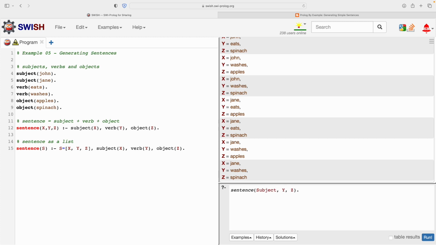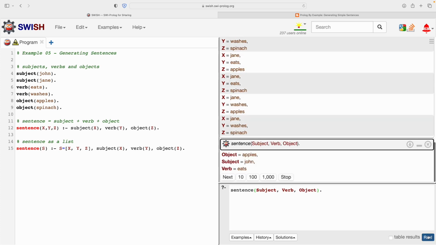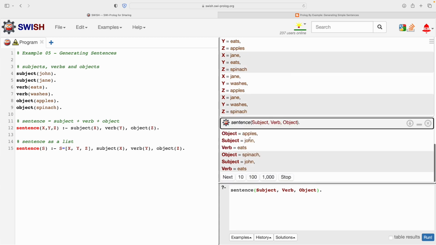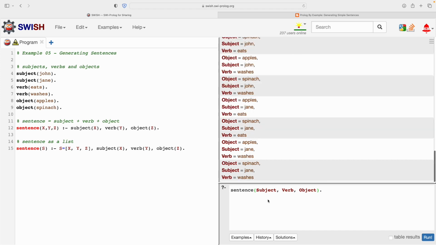Remember, we have to have a capital letter at the start to tell Prolog that's a variable. And if we now run that, you can see that the replies are much more readable. Fantastic.